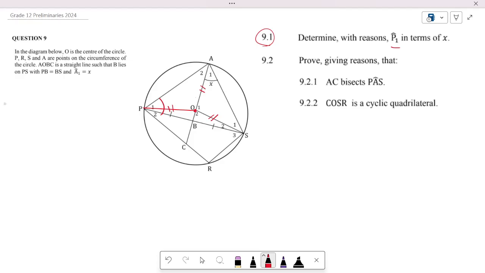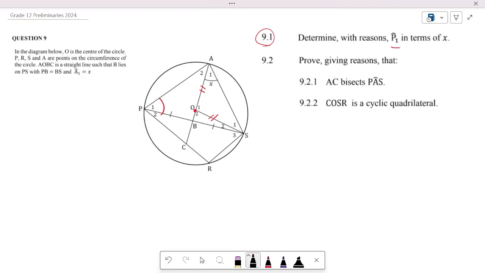So let me get rid of this radius since it's not really benefiting us, since it's cutting through our angle P1. I thought that maybe we would use that at some point because it's a preliminary paper and I'm always expecting the worst. But right now, we can see we have two radii, right?